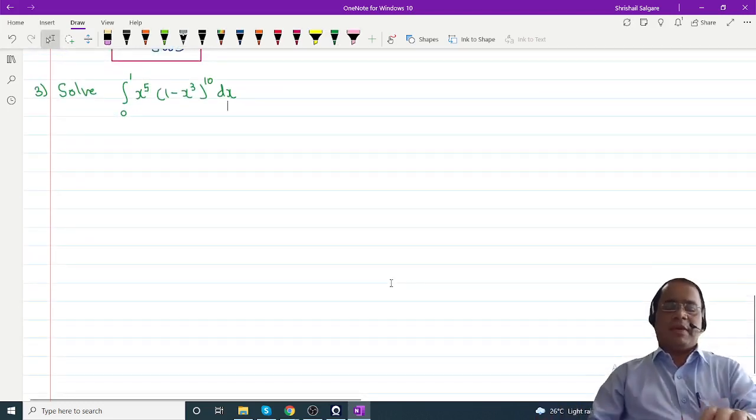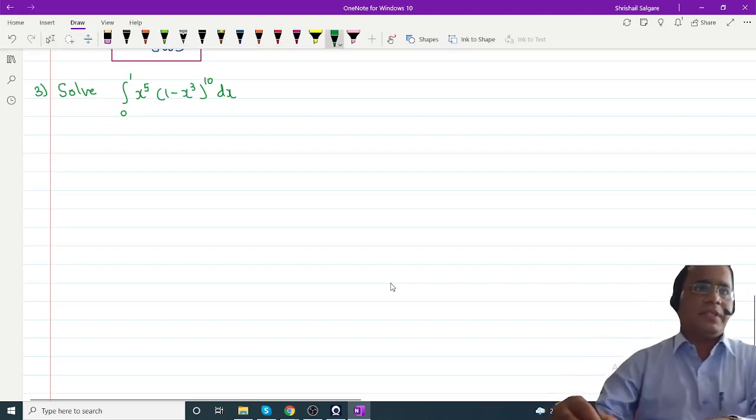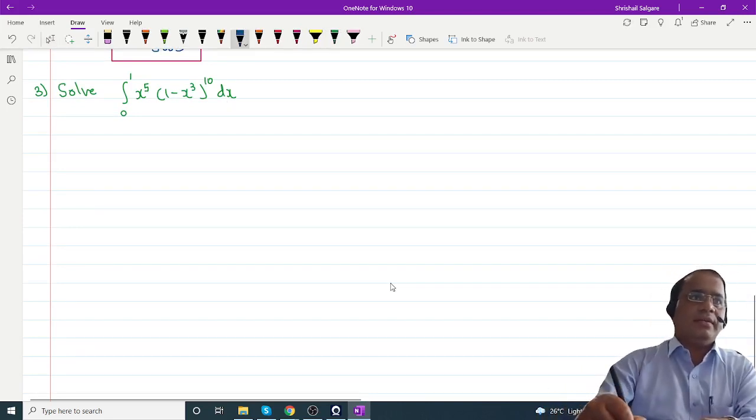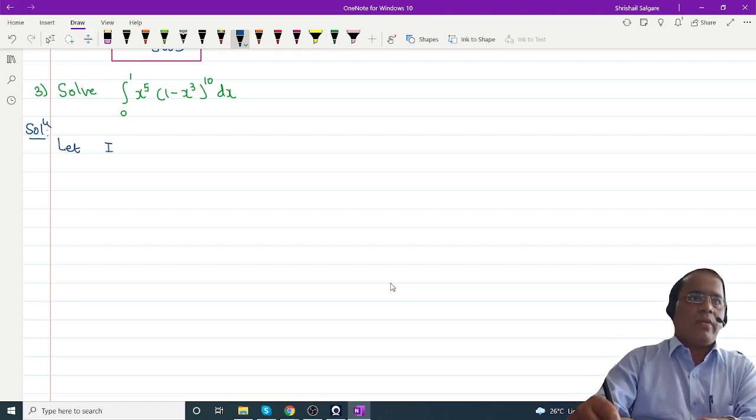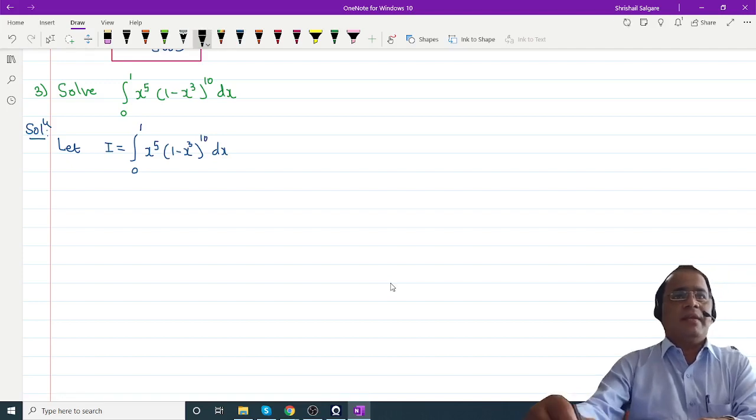First step, I will call this integral I. So let I be equal to the integral from 0 to 1 of x raised to 5 into (1 minus x cube) raised to 10 dx. Can anyone help me identify the substitution?